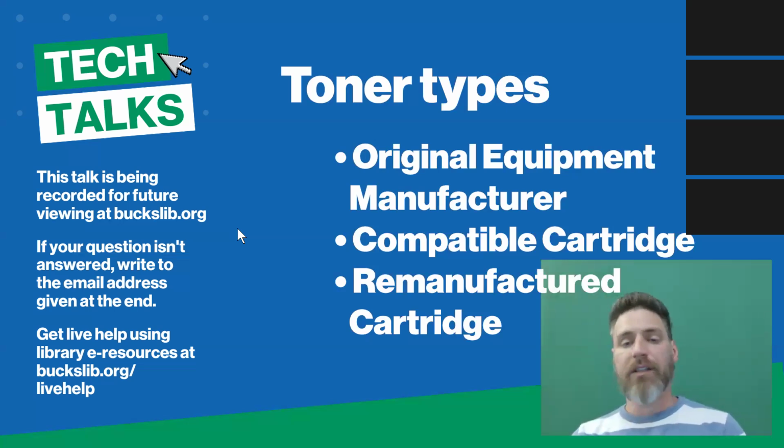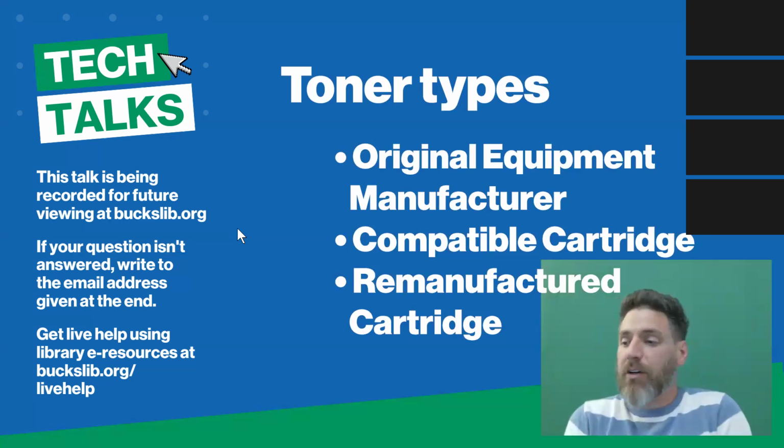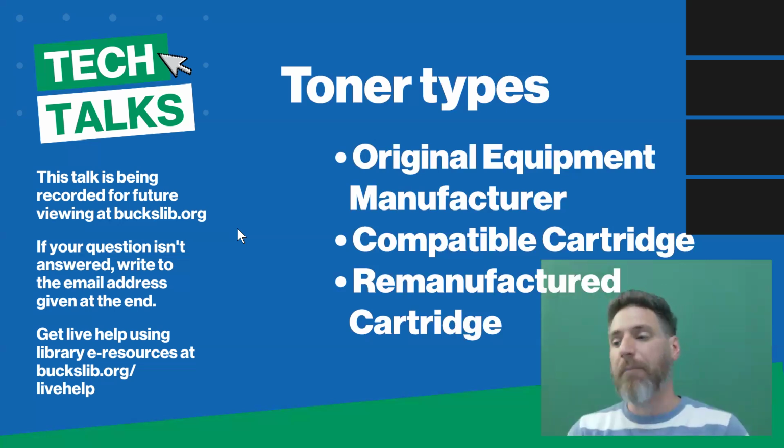There's a flood of generic companies that are listing stuff, and it's hard to do your due diligence and read those reviews and be skeptical about them. You don't know if they're overfilling or underfilling the cartridges. You don't know if that significantly less cost is actually going to get you the same amount of prints as the OEM cartridge will. So you get some trade-offs there.